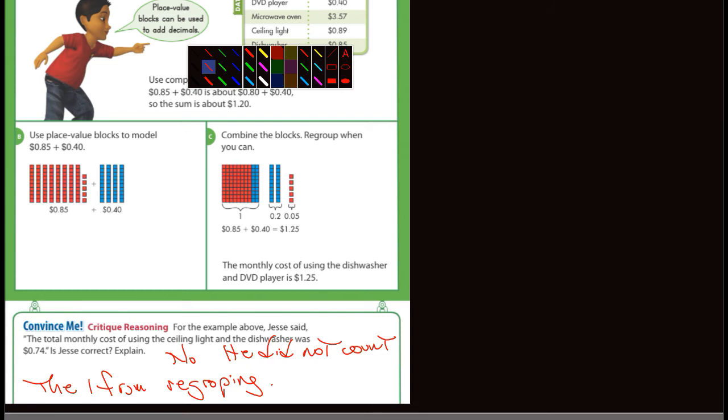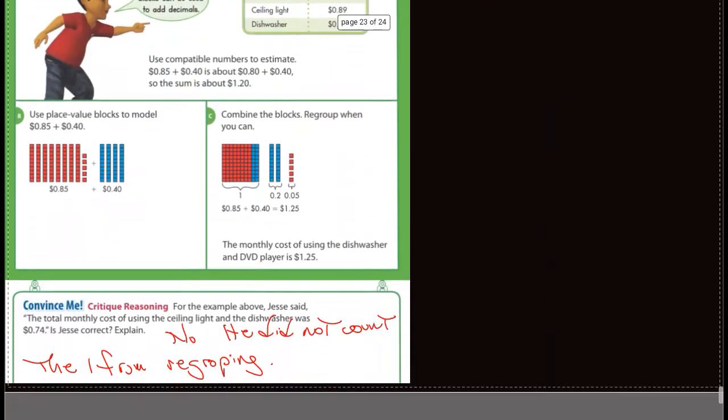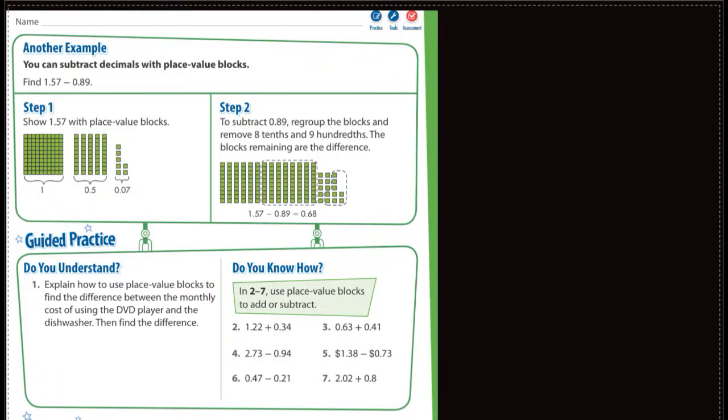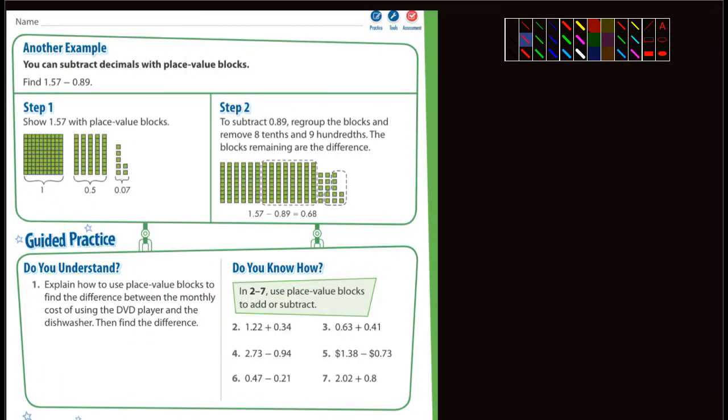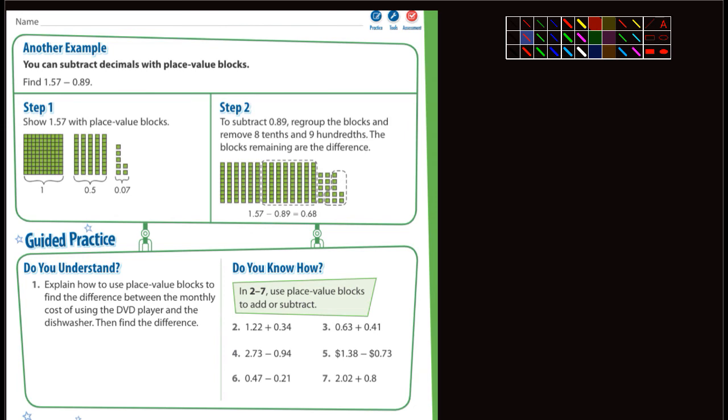Okay. Let's move down to the next page and see what we've got here. Another example. You can subtract the decimals with place value blocks. It says find 1.57 subtracting 0.89. So here's 1.57. To subtract 0.89, regroup the blocks and remove the 8/10.